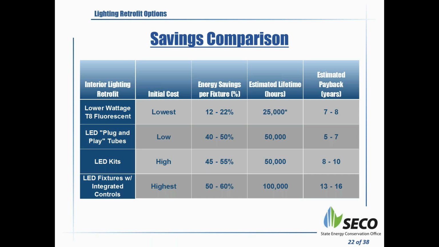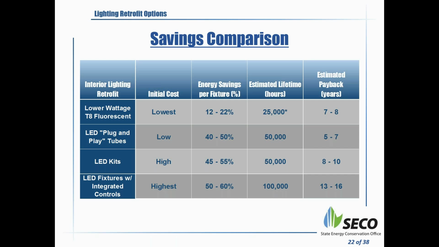So the lower wattage T8 lamps are the lowest cost. You will get energy savings per fixture anywhere from 12 to 22%. The estimated life of these lamps will be around 25,000 hours.